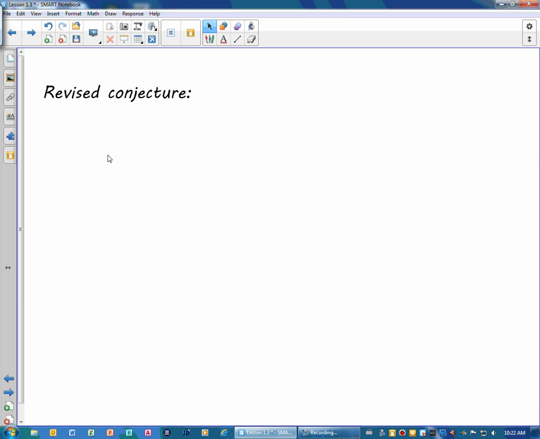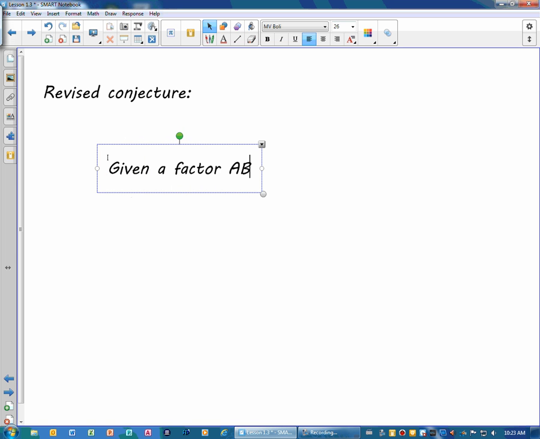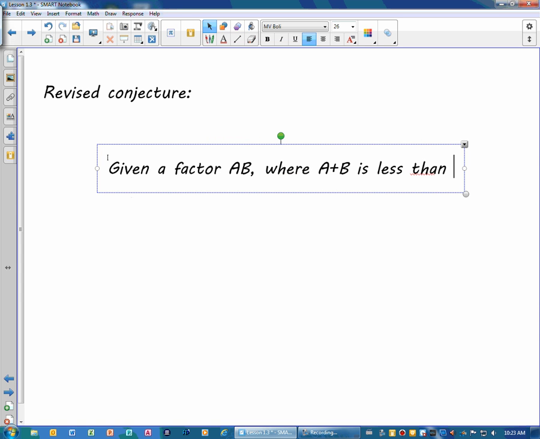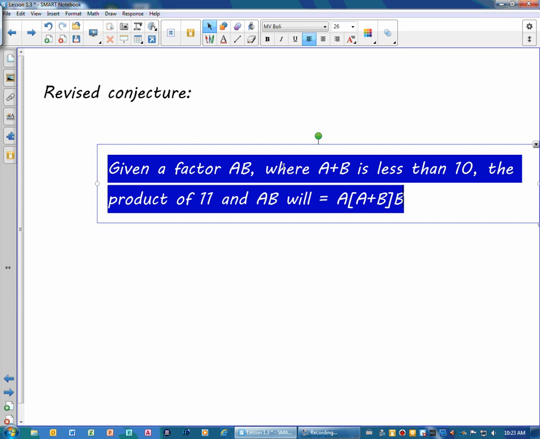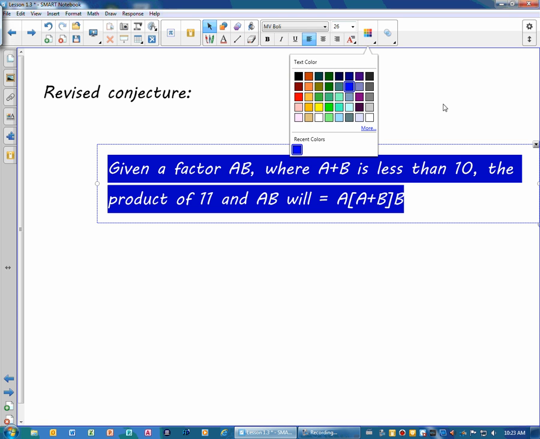So I'm going to revise it to: given a factor AB, so that was the 2-digit number, where A plus B is less than 10, the product of 11 and AB will equal A, A plus B, B. That's going to be my new conjecture. I'll make it blue. There we go.